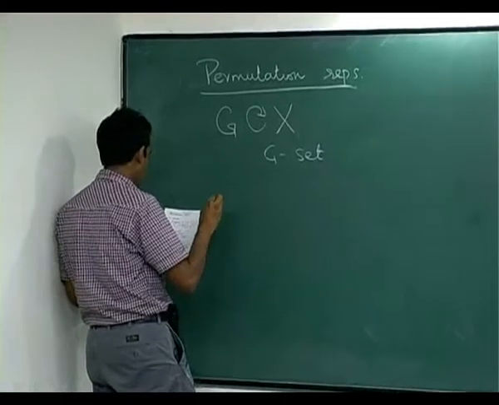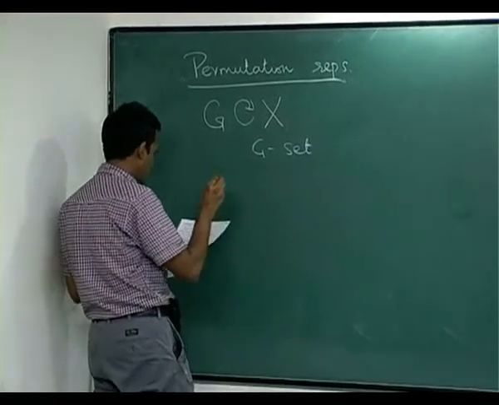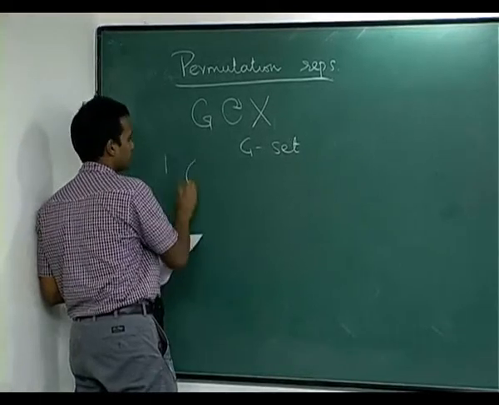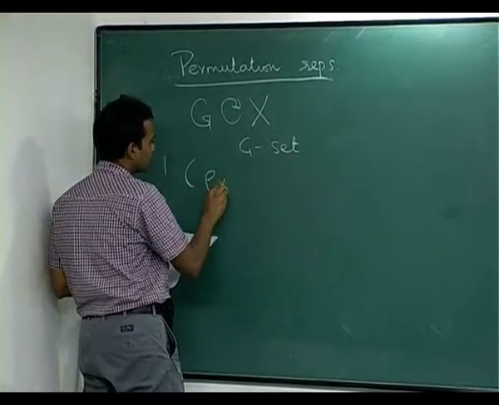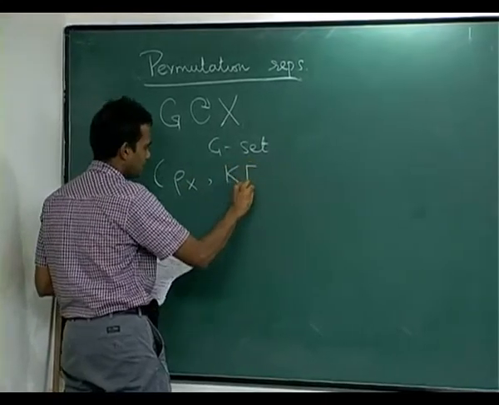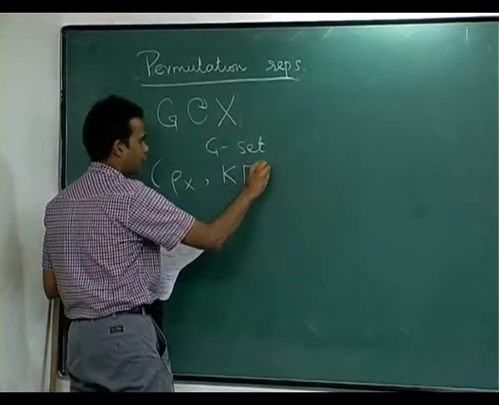So given a G set, you can get a permutation representation of G. What is it? It's the representation which I'll denote by rho subscript X, and the space is K^X.